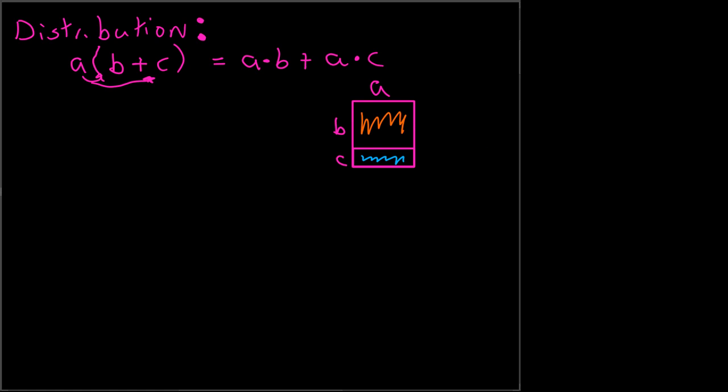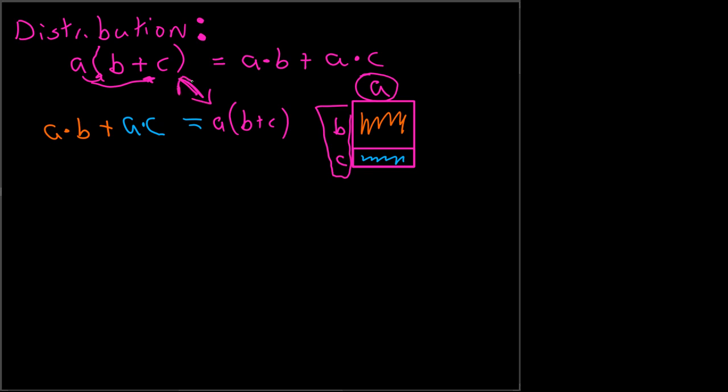The area of the orange rectangle is A times B, and I can add to it the area of the blue rectangle, which is A times C. Well, that all ends up equaling the area of the whole thing, which is A times this length, B plus C. And that's where this distribution property comes from. The idea of distribution comes from building the areas of a rectangle.